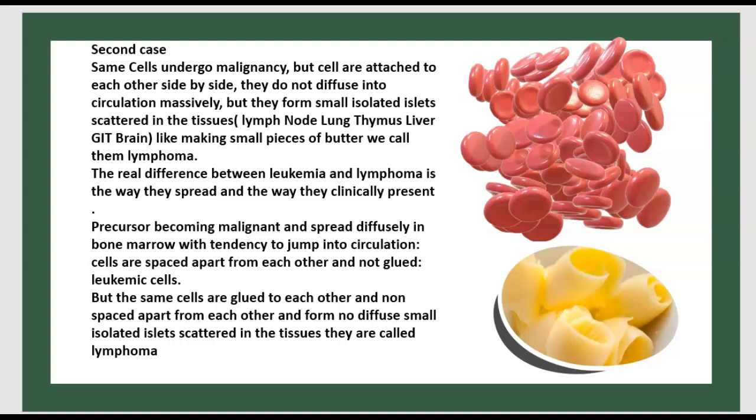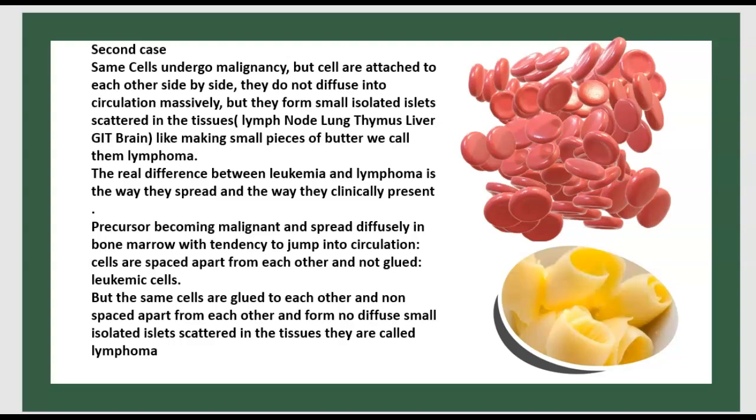Precursors becoming malignant and spreading diffusely in the bone marrow with a tendency to jump into circulation, with cells spaced apart and not glued to each other, is leukemia.